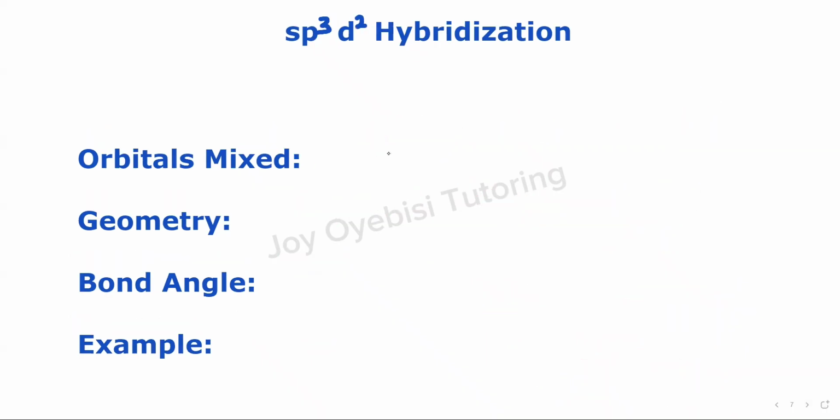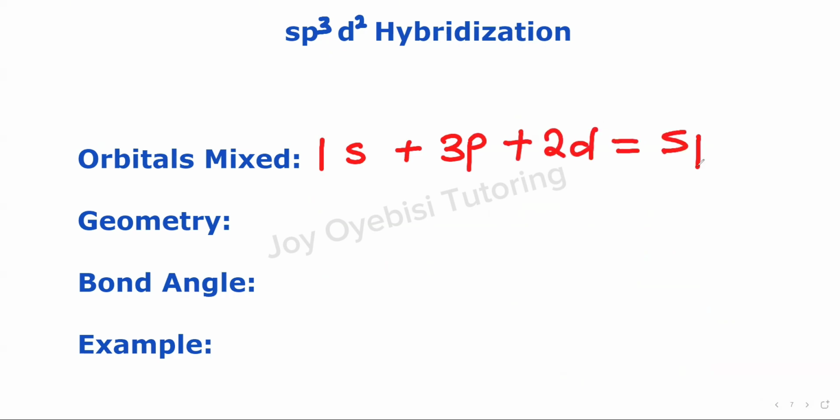And the last one I have is the sp3d2. Here you have one s mixed with 3 p's and 2 d's. That gives us s, p3, and d2. The geometry of compounds with sp3d2 is known as octahedral.